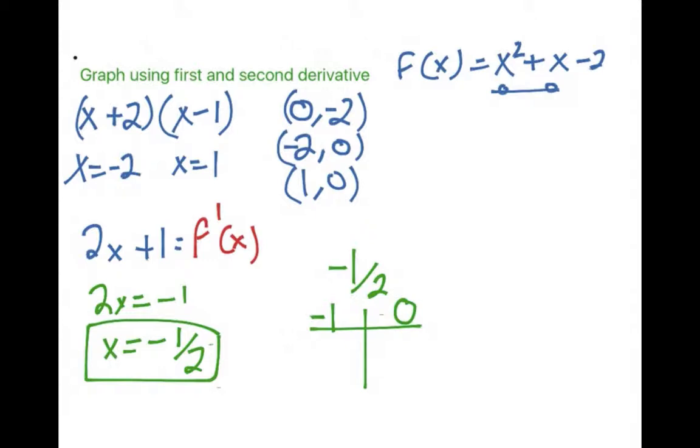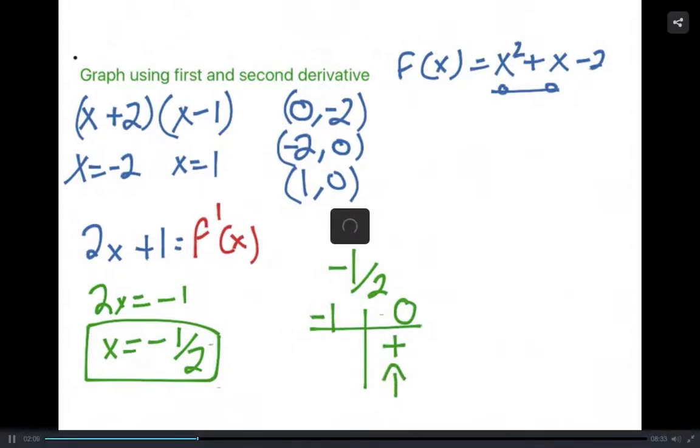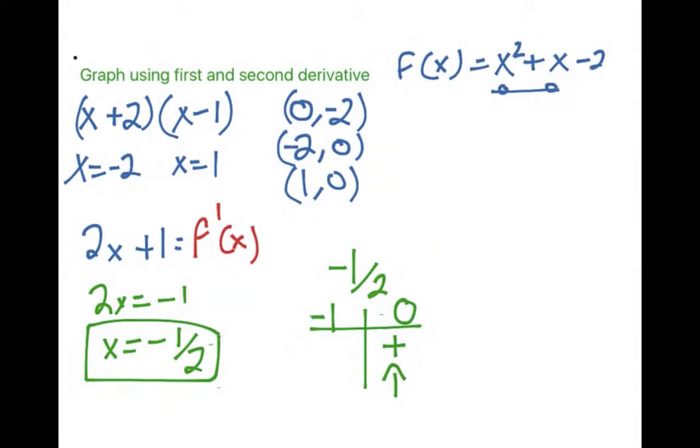We now plug 0 into our derivative. It'll give us a positive number, so we put positive and an arrow pointing up. What this means is that our derivative is positive, and thus our function is increasing at that point.